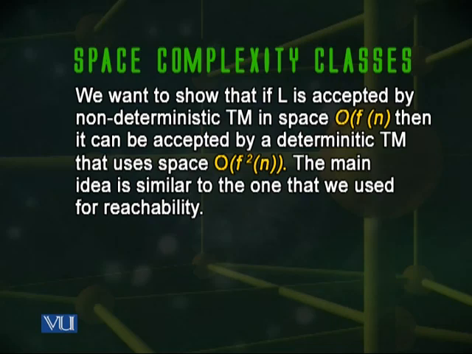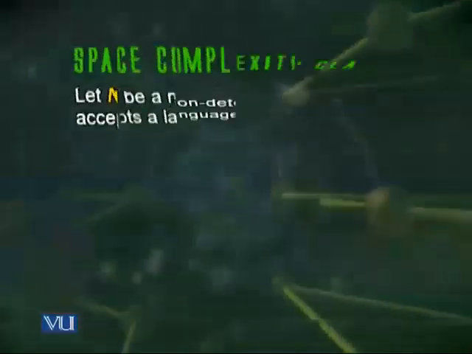The main idea is the one that we used for solving reachability. In fact, the main idea is reachability. Indeed, we can view this question as a very special reachability question. Let's look at the details.